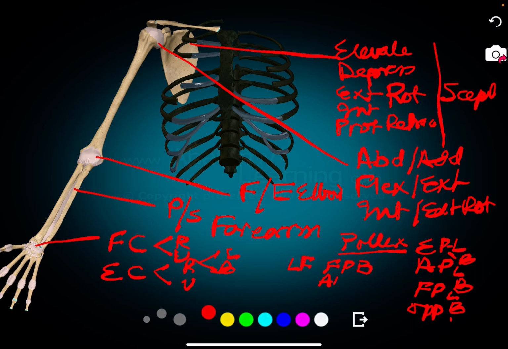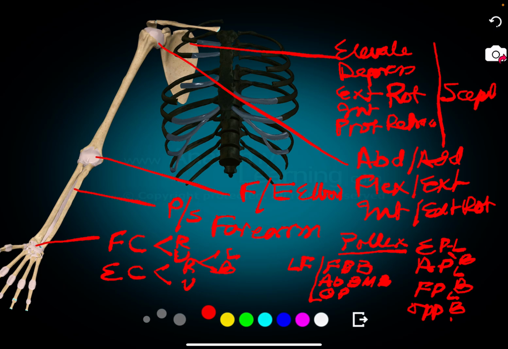Then abductor digiti minimi brevis, there is no longus, and opponens digiti minimi, the hypothenar muscles.